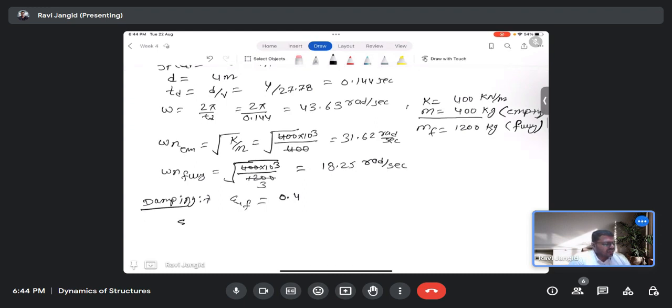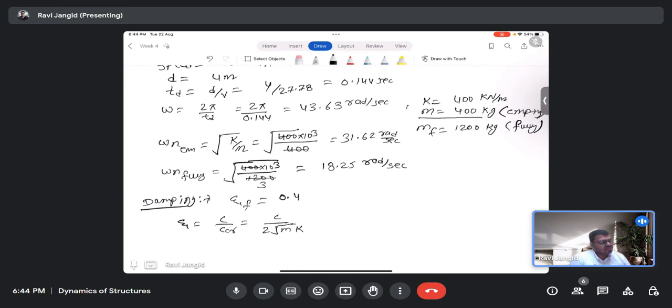As I know, damping ratio is C over C critical, and C critical is 2 under root m k.